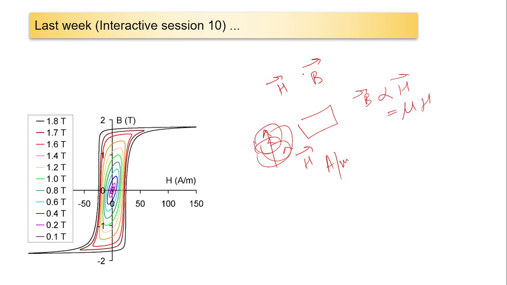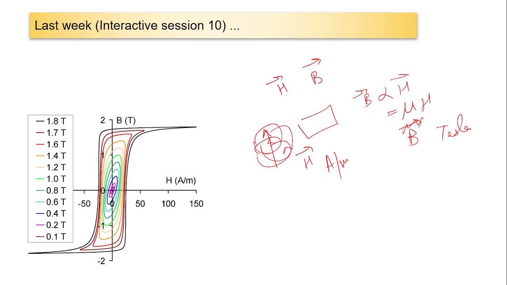But still you will find that sometimes we just use the symbol B for magnetic field. This is a vector, and the unit is Tesla or Weber per meter square. So don't get confused. For clear understanding, this is the meaning of H and B, but they may sometimes be used interchangeably.